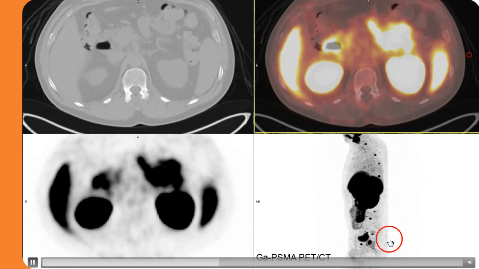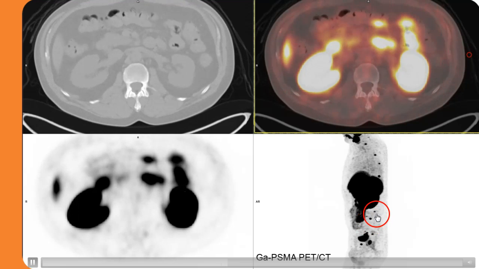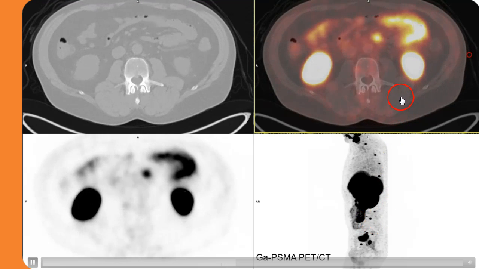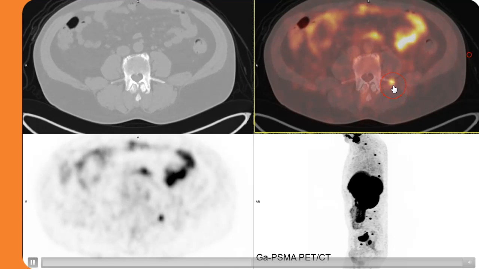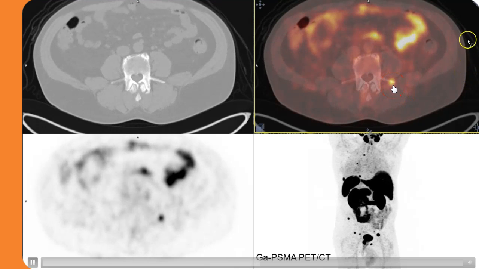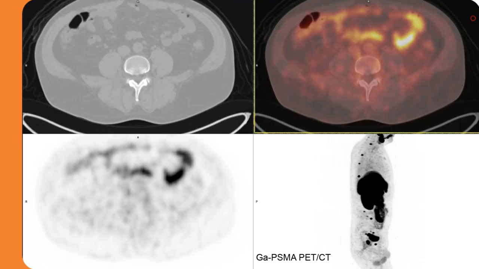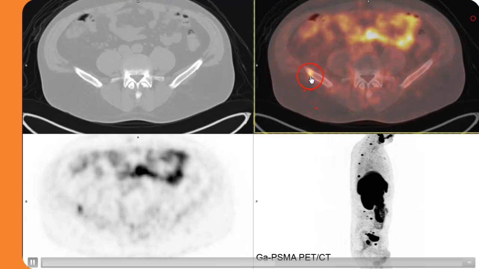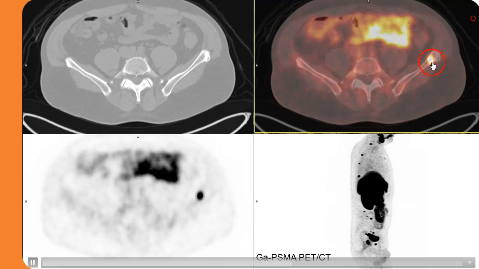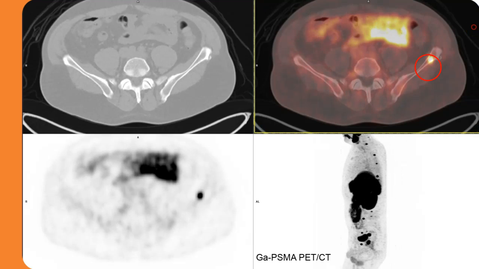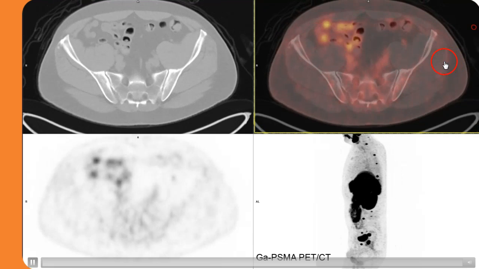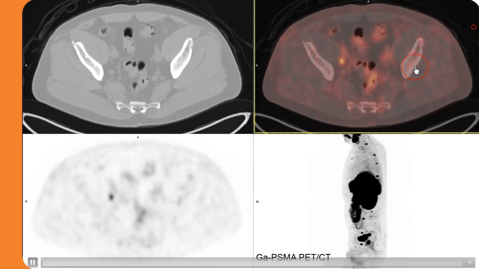And then as we go caudally, we begin to see these lesions, and that includes a lesion in the transverse process of L3. And then going further caudally, we'll see several bone deposits in both iliac bones, on the right, on the left, then another lesion on the left side here. There it is.